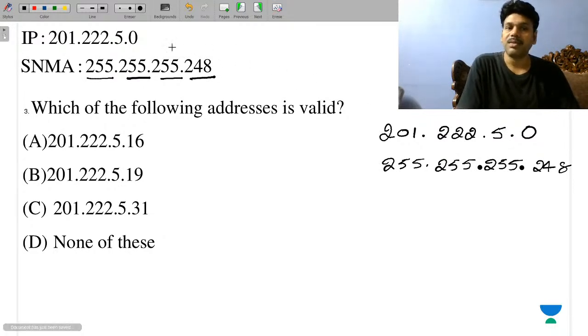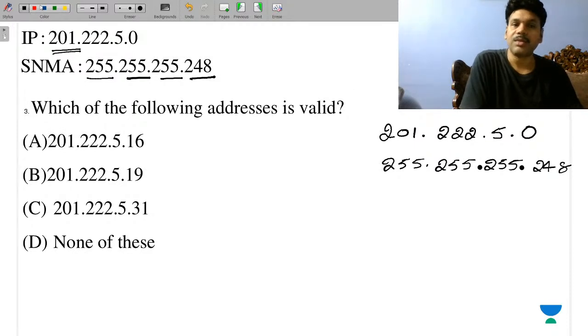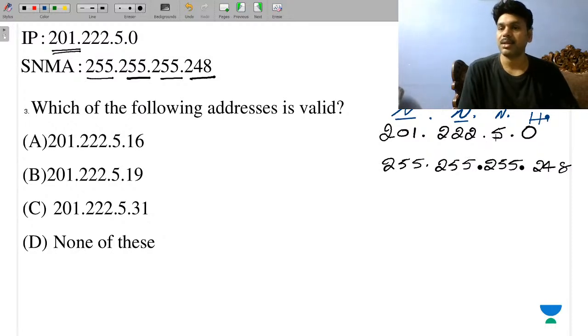Now observe carefully. This octet belongs to class C, 192 to 223. Therefore, the net ID, net ID, net ID, HID: the first 3 octets are net IDs and the last octet is the host ID.